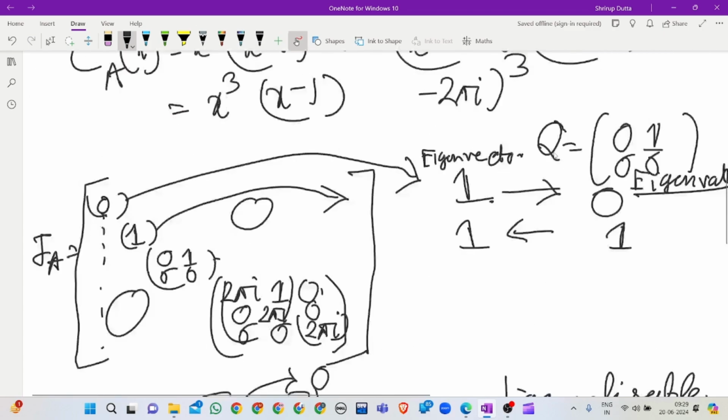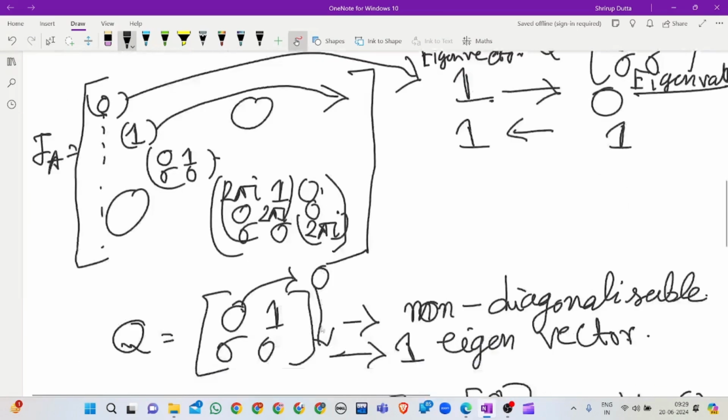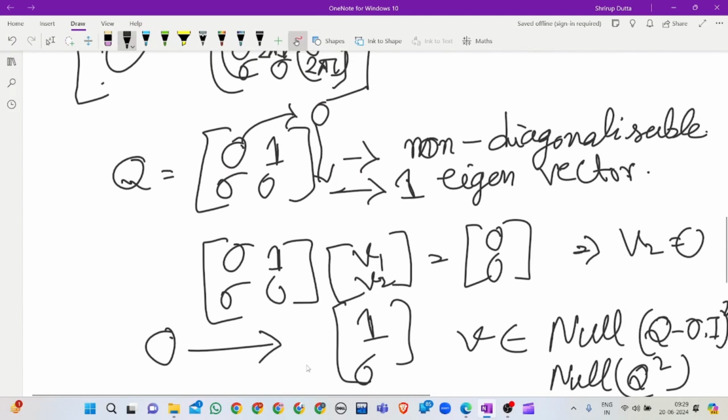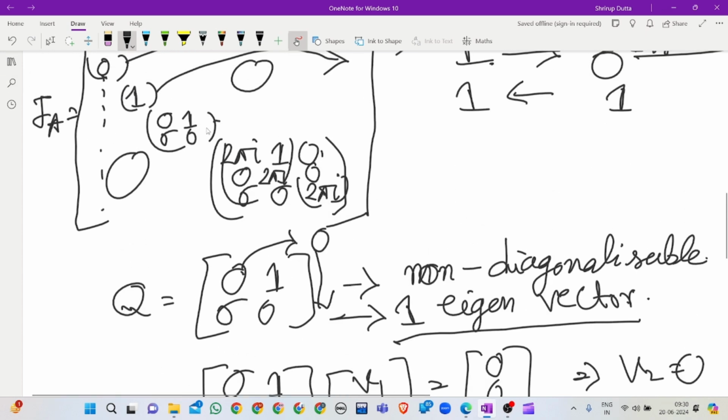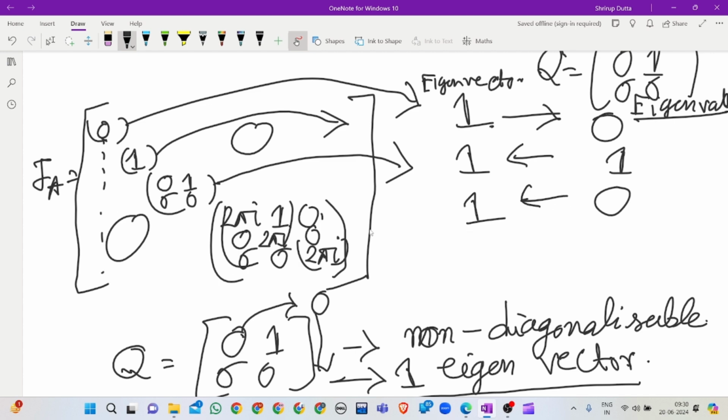So in the question it is asked to find the eigenspaces for 0, 1 and 2 pi i. So we will take the eigenvector coming from Q, that Jordan block. I am renaming this. From this Jordan block we have the 0 eigenvalue, and corresponding to 0 we get 1 eigenvector.